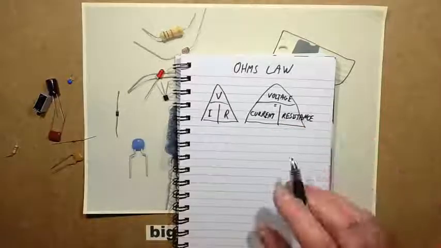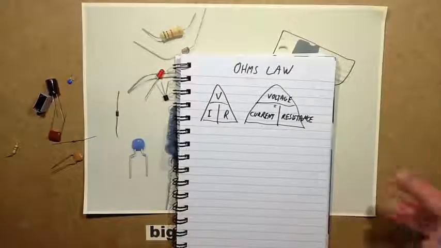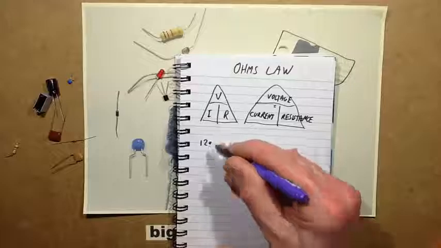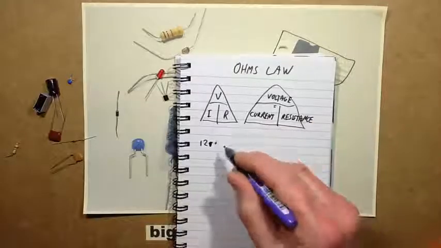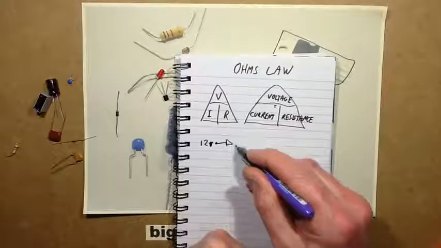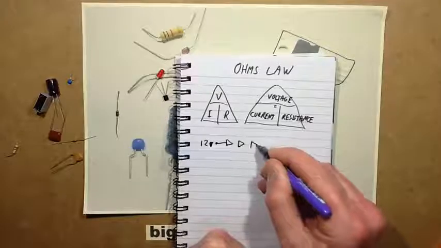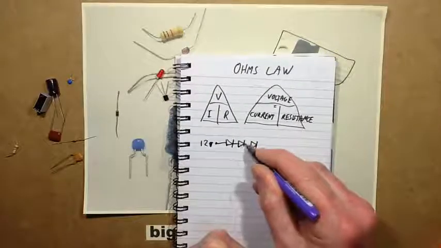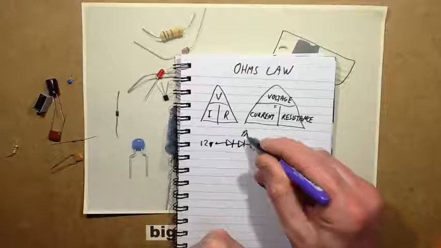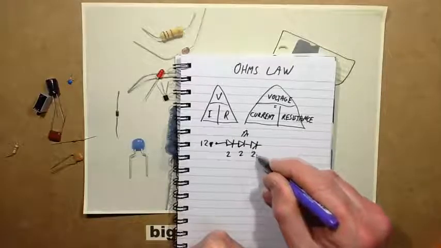An application of this would be, supposing you had a 12 volt supply and you had 3 LEDs. There are the 3 LEDs, and each one is dropping about 2 volts.